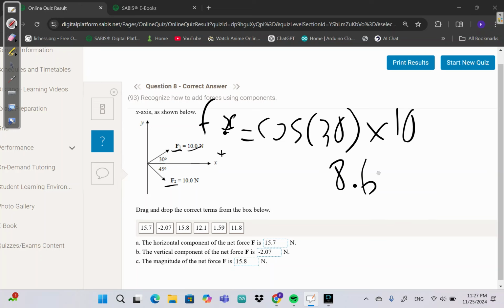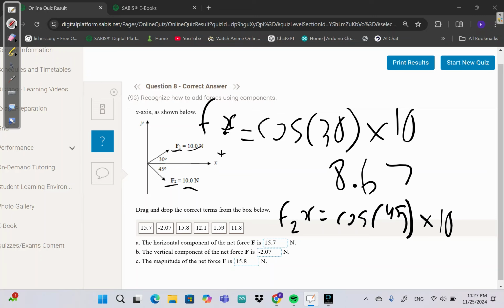Now for the second force, F2x is going to be equal to cosine 45 times the force, which is 10. We do this on the calculator, cosine of 45 times 10, we get 7.07.